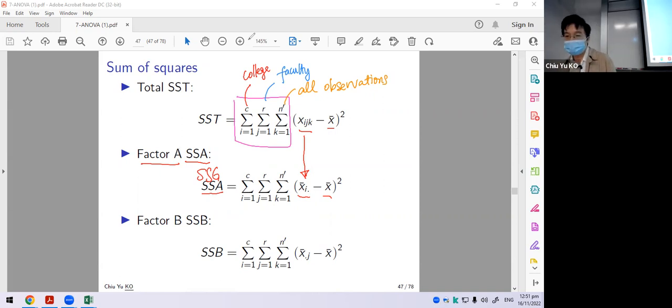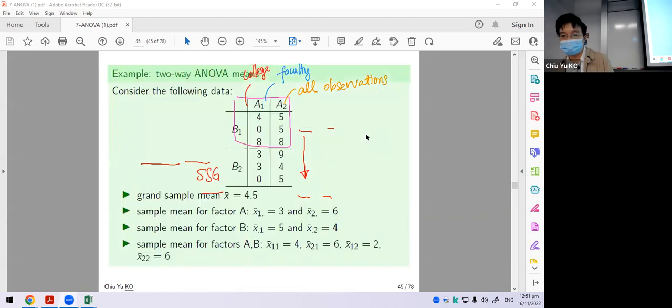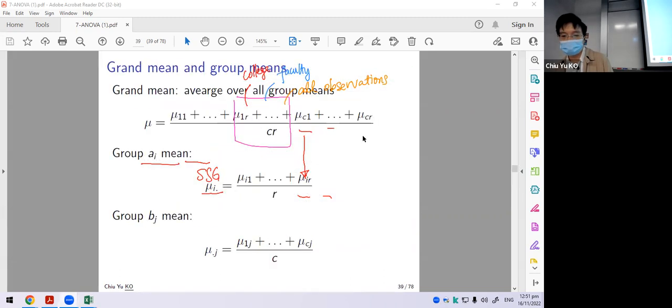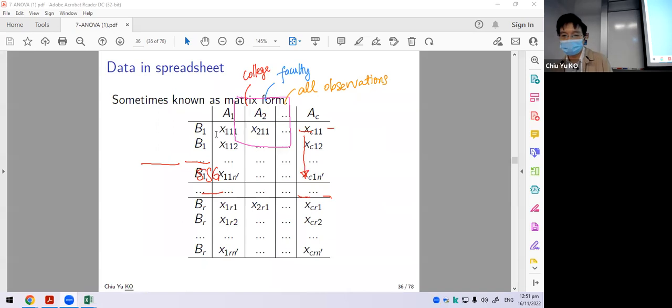So if you look at how to operationalize this, you go back to here and you just replace everything here. The simplest thing is you look at this number here. Maybe I use the green color. This data, instead of putting this, you calculate the mean of this, X1 bar, and you forget about this number. You replace them by X1 bar, and do the same as you do in SST.